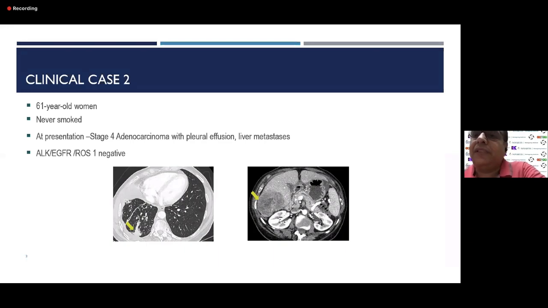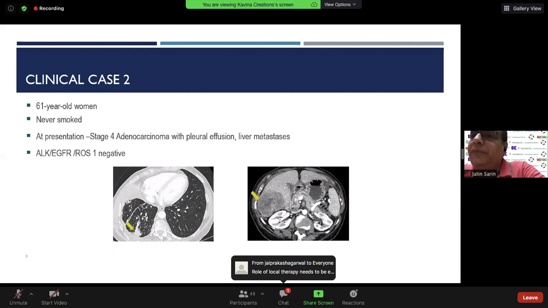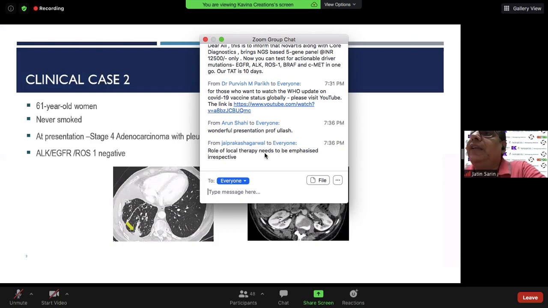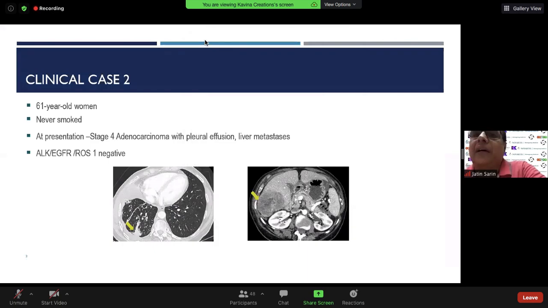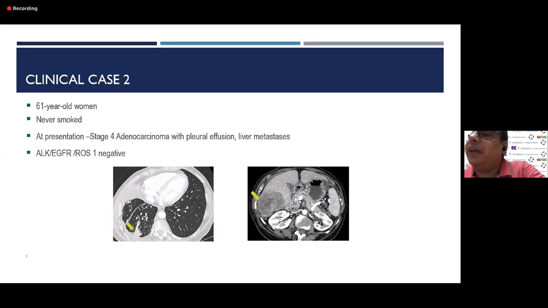So this is a case of a 61-year-old female who has never smoked. At presentation, she had stage 4 adenocarcinoma by virtue of pleural effusion and liver metastasis, and she underwent biopsy and routine testing for biomarkers, which most of us are really doing in the form of ALK, EGFR, and ROS.